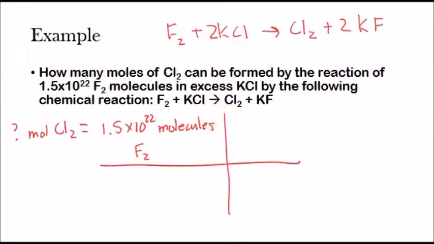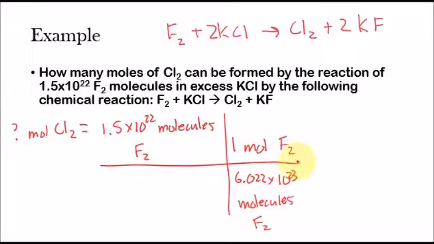So step says here, change the known to moles. So we want to convert molecules of F2 to moles. So in order to do that, we know that 1 mole of any molecule is 6.022 times 10 to the 23rd. So 1 mole of F2 is 6.022 times 10 to the 23rd molecules of F2.